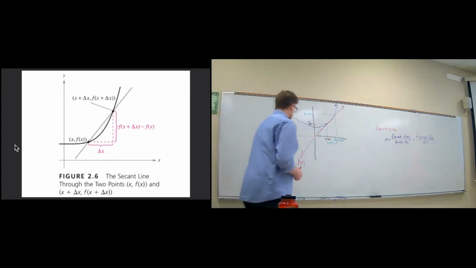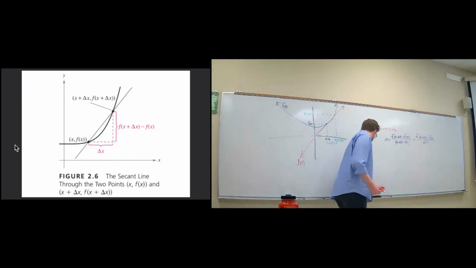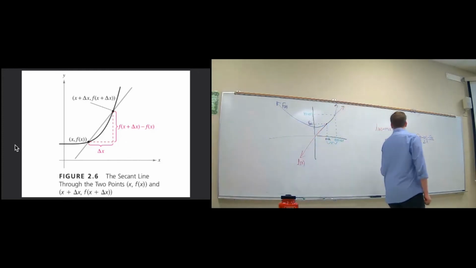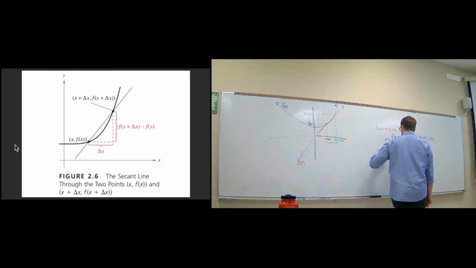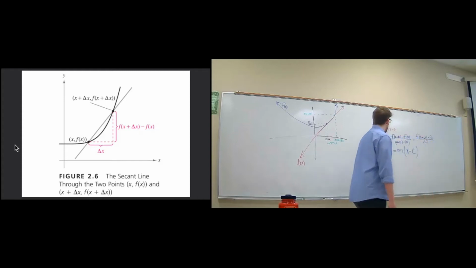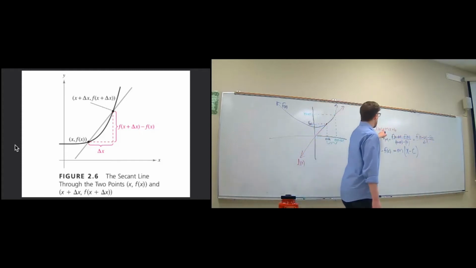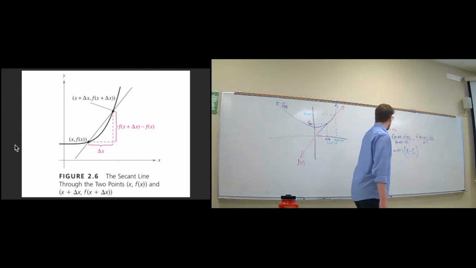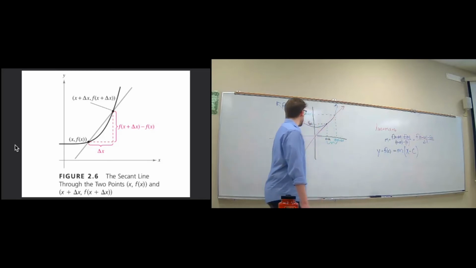And if we want to go through the hurdle of actually finding out what this equation is, we would use point-slope form. And we would work it back to this, right? Now the question is, what is the C value? The C value can either be f of a or f of a plus delta x.